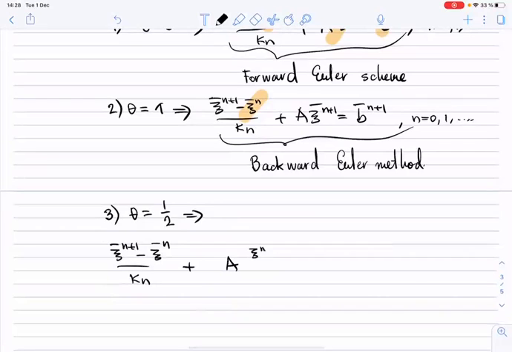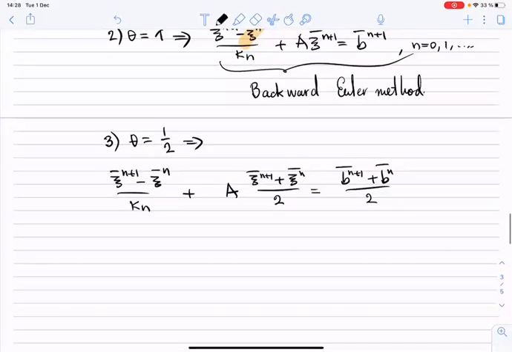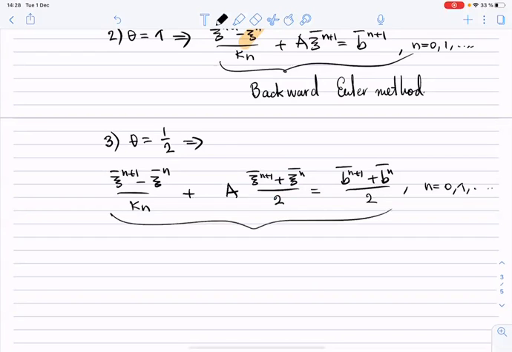And psi n plus 1 plus psi n divided by 2 is equal to bn plus 1 plus bn divided by 2. It's the average of the solution at time tn and tn plus 1. And the scheme is, of course, true for n equals 0, 1, etc. This scheme is usually referred to as the Crank-Nicolson scheme.